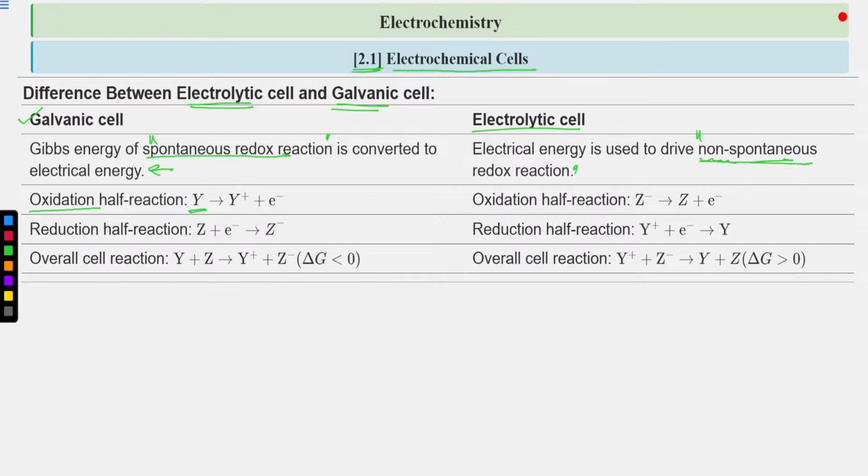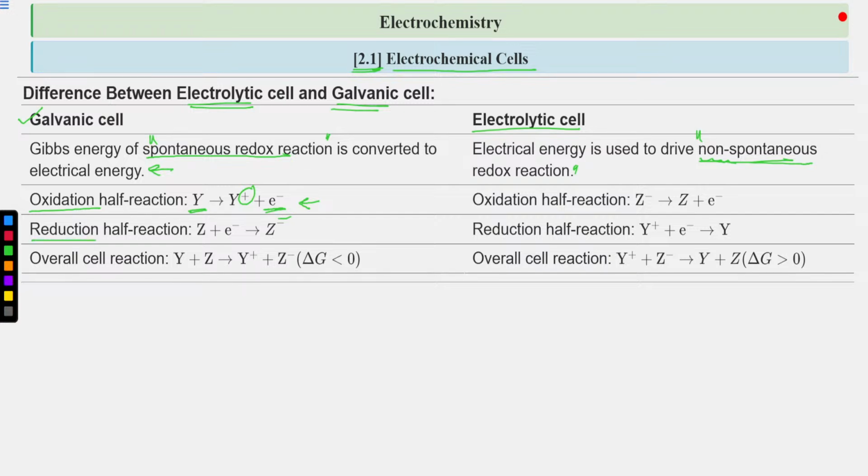Oxidation is the losing of electrons, and in this given reaction, Y is losing its electron, releasing its electron. That means it is undergoing the oxidation process, so this half reaction is an oxidation half reaction. Y is converting to Y positive because it has lost one electron, so one positive charge comes over Y.